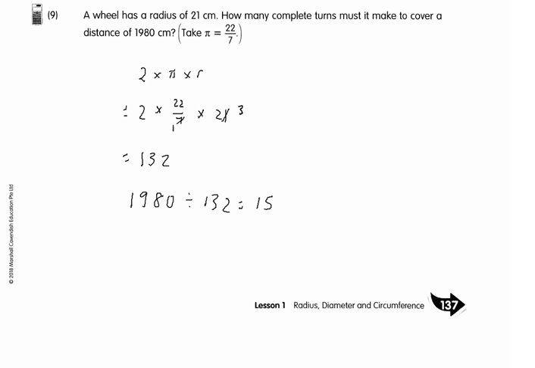So it's 15 complete turns. So, ANS 15. Do I need units in this case, Leroy? Do I need to write 15 cm? No need, right? Why? Because they are asking for the number of complete turns. They are not asking for distance.